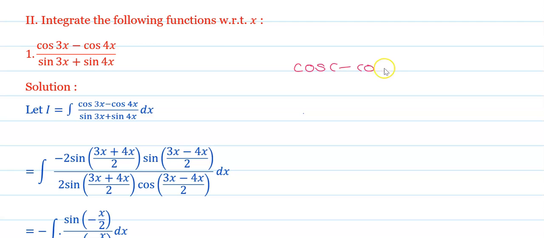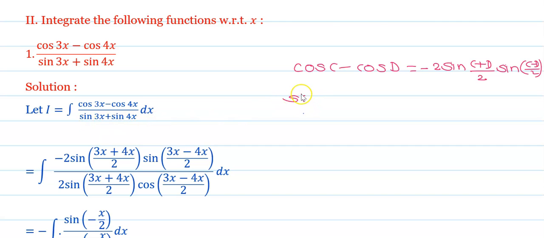cos c minus cos d, and that's equals to minus 2 times sine of c plus d upon 2 into sine of c minus d upon 2. Okay. And what about the sine c plus sine d?